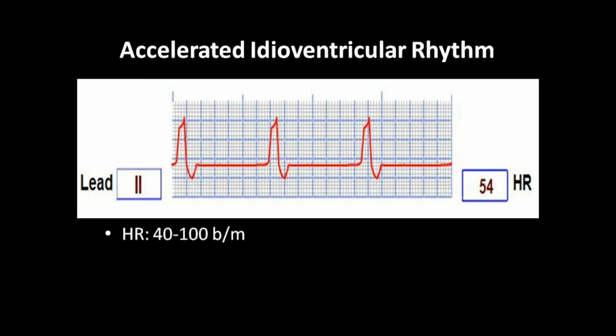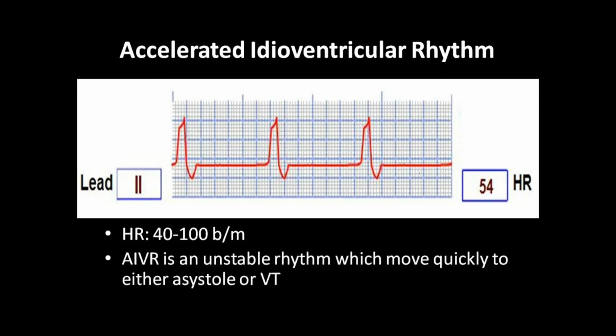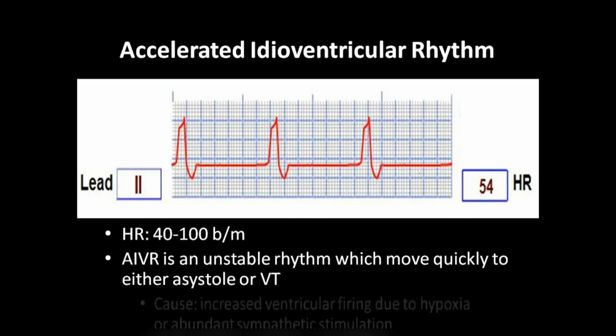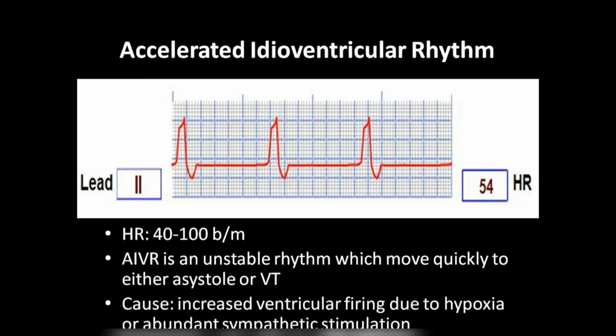Heart rate between 40 to 100 beats per minute. And AIVR is an unstable rhythm which moves quickly to either asystole or ventricular tachycardia. The cause for this kind of rhythm is increased ventricular firing due to hypoxia or abundant sympathetic stimulation.